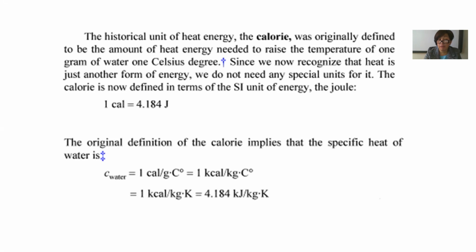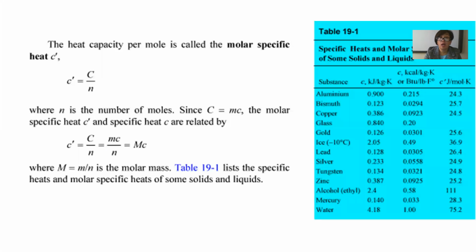This is the specific heat of water. But in the historical unit of heat energy, the calorie, 1 calorie equals 4.18 joule.